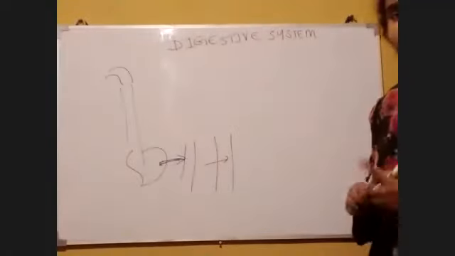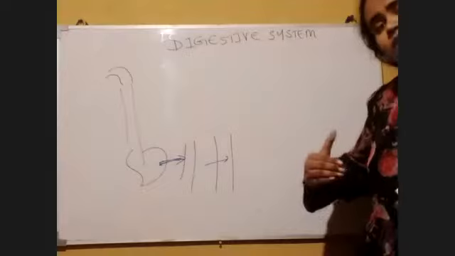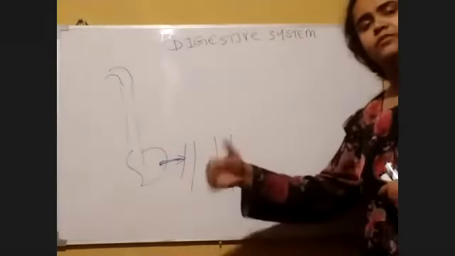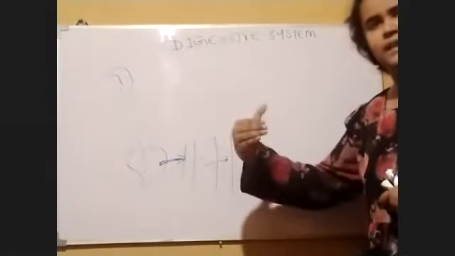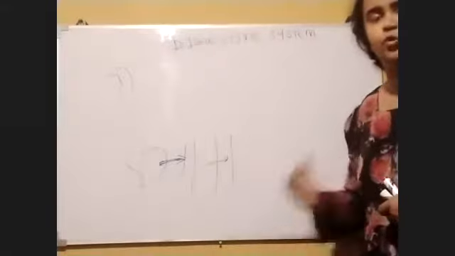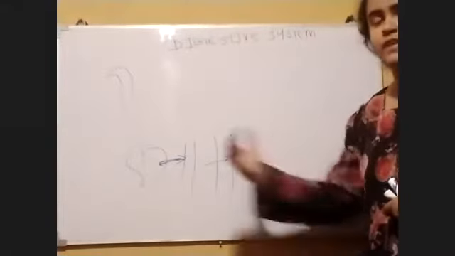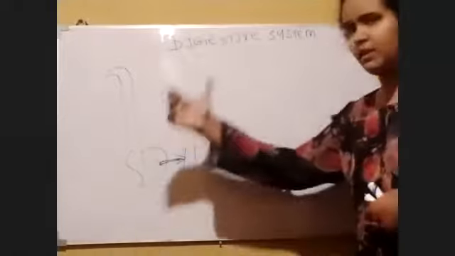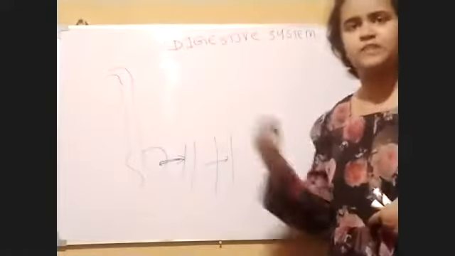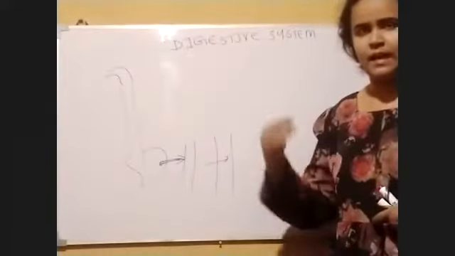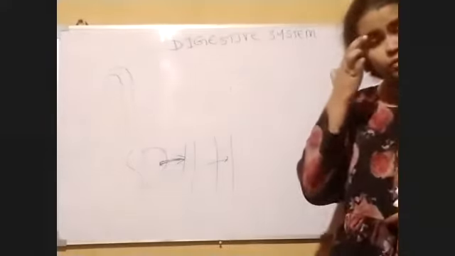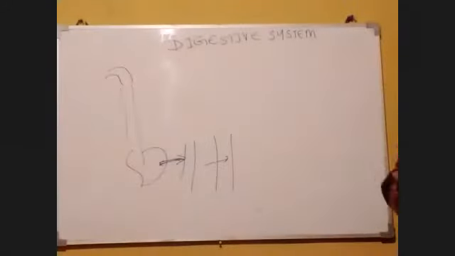So digestion is the breaking down of these complex molecules, carbohydrates, proteins and the like that we eat from our food, into simple molecules, getting ready to be absorbed into the blood. That is what we call digestion.